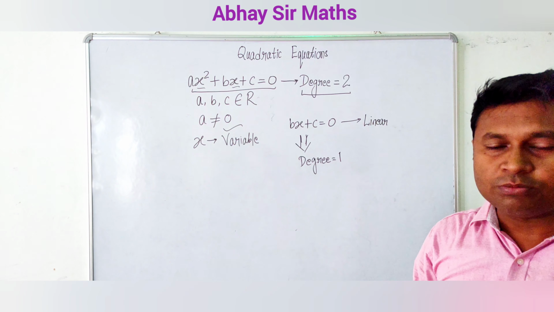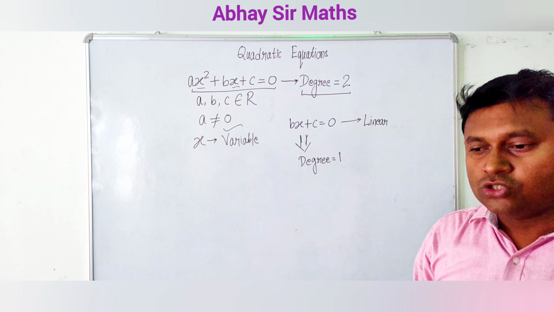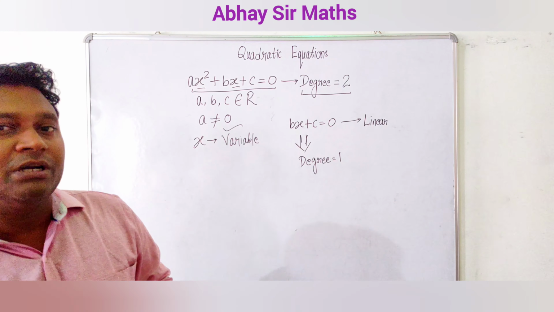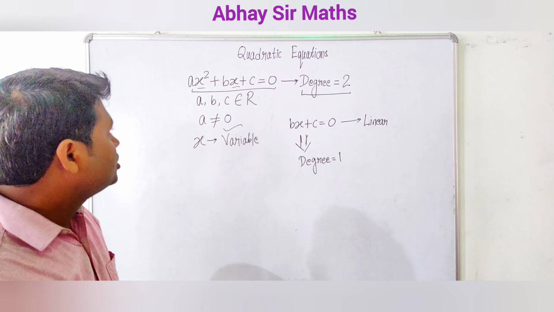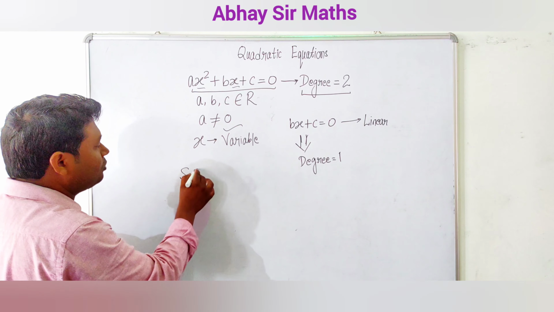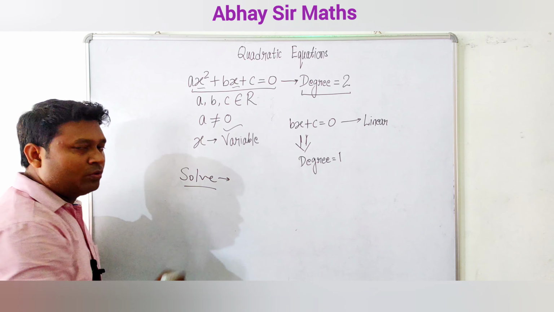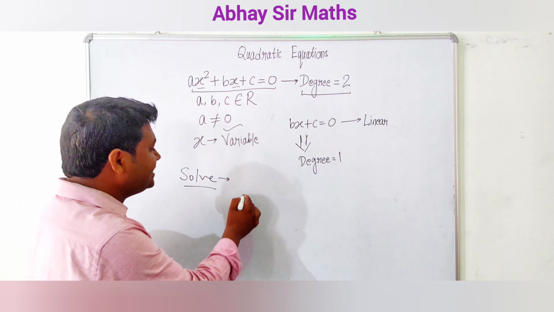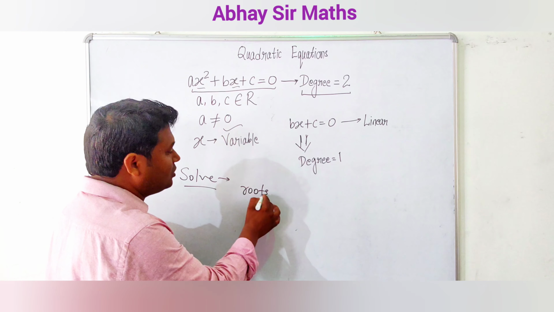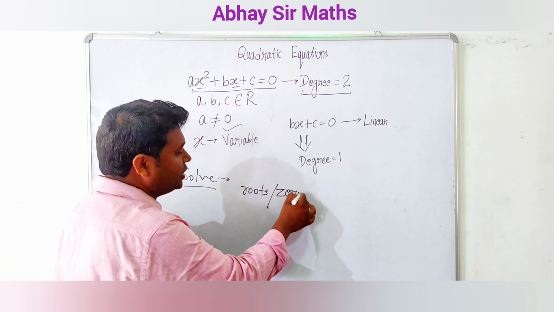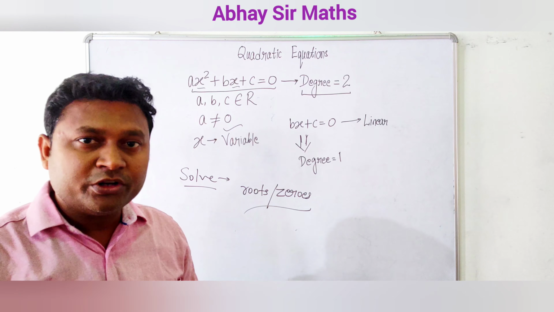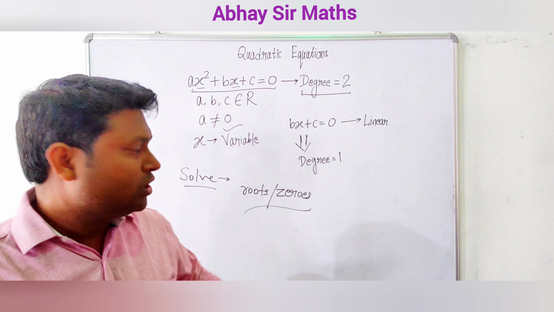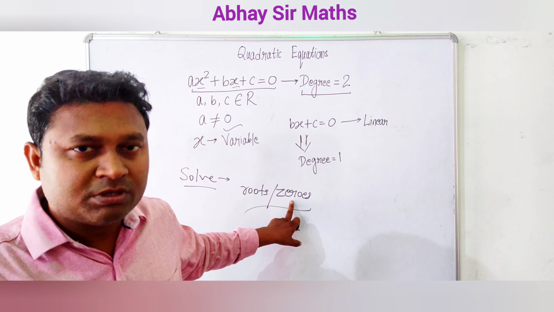All right, I hope you all understood this. Let us move on to the next thing. In this chapter you will find questions like solve the quadratic equation. Solving a quadratic equation means finding the roots. In polynomials, the value of x that makes the whole polynomial equal to 0 was called the zero of the polynomial.